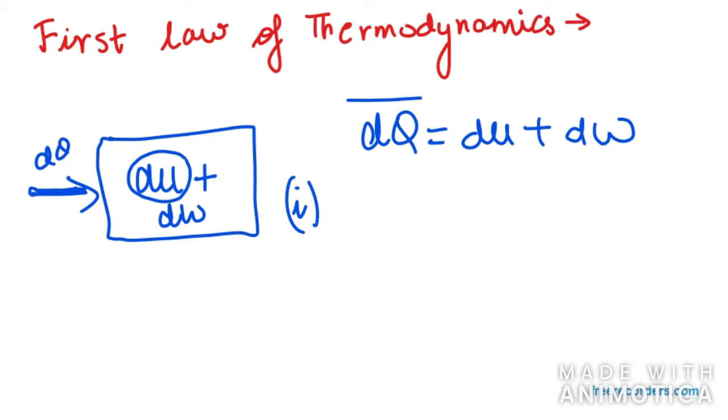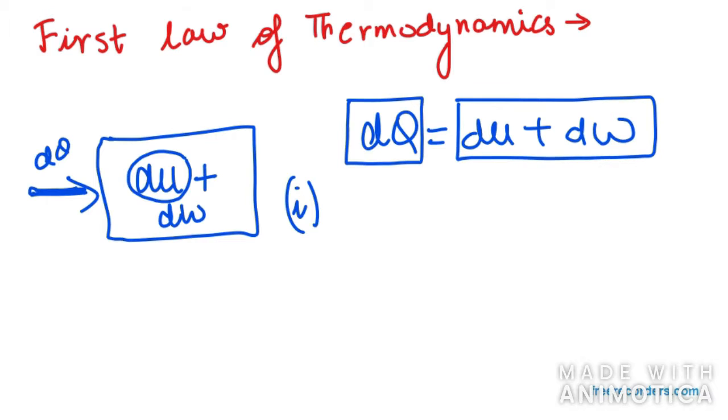So the energy supplied is equal to the energy of the molecular motion, the energy of the molecular configuration, and the work done by the thermodynamical system.